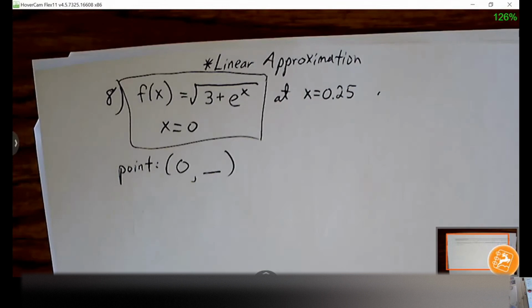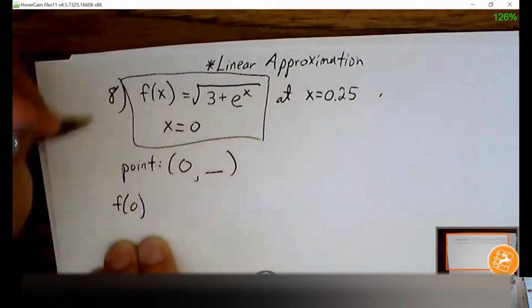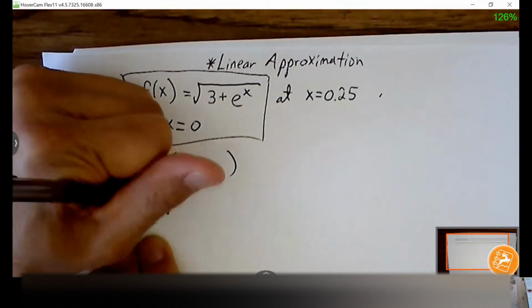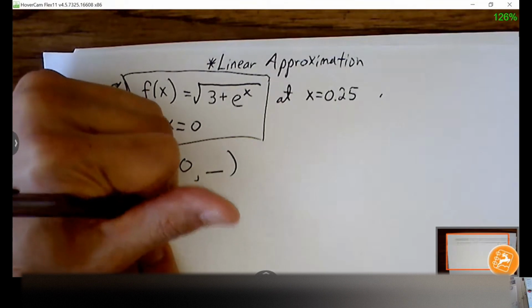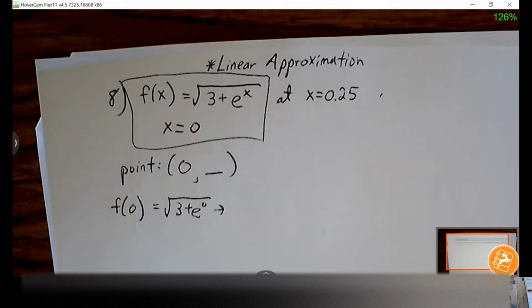Use the original function to get to your y value. e to the 0 is 1, 1 plus 3 is 4, root 4 is 2.